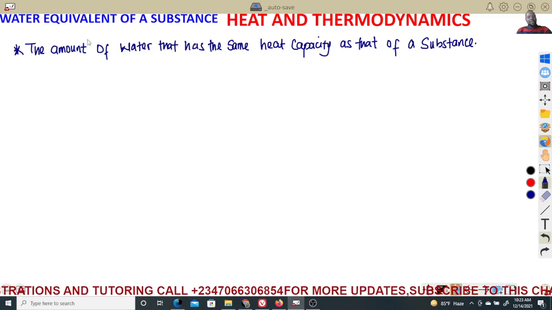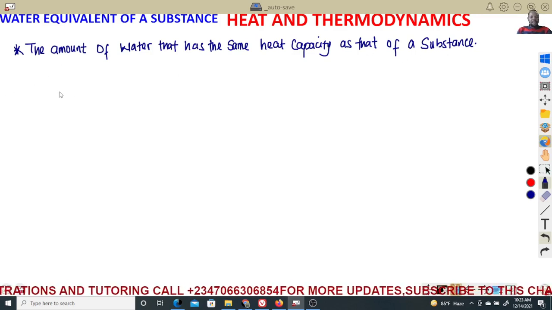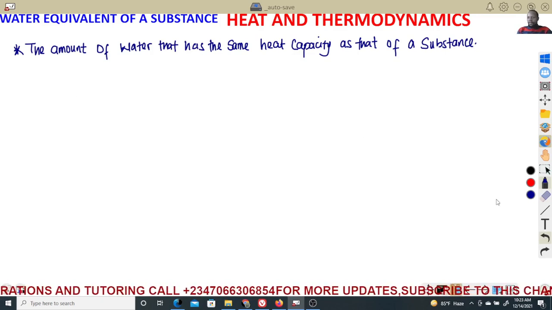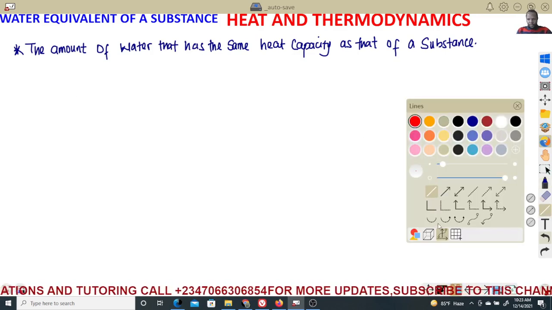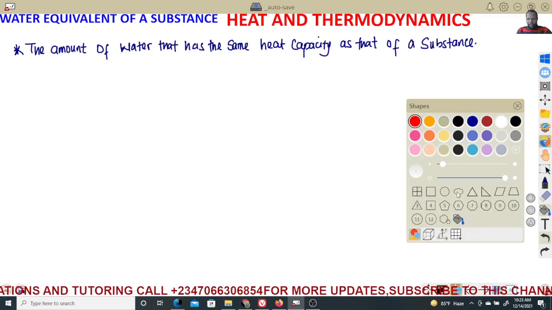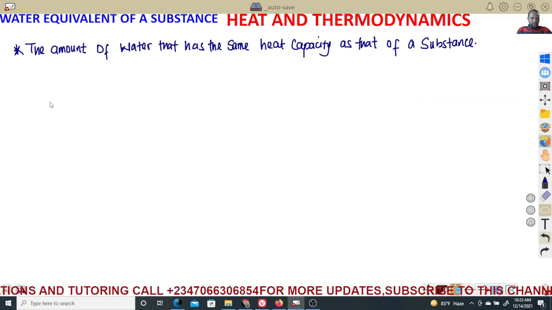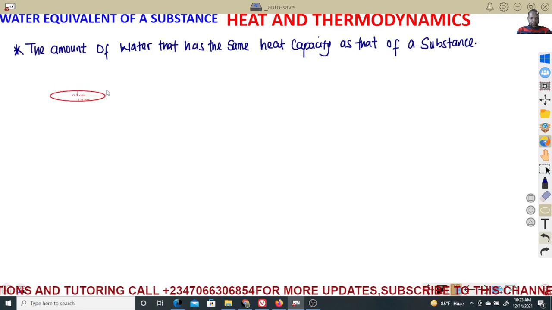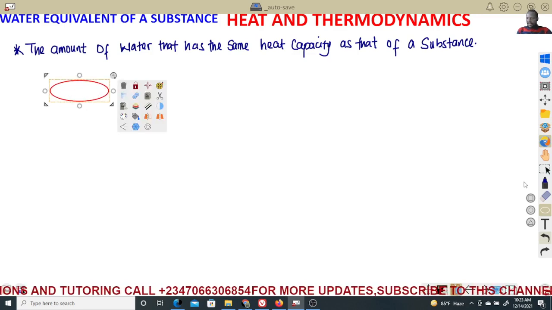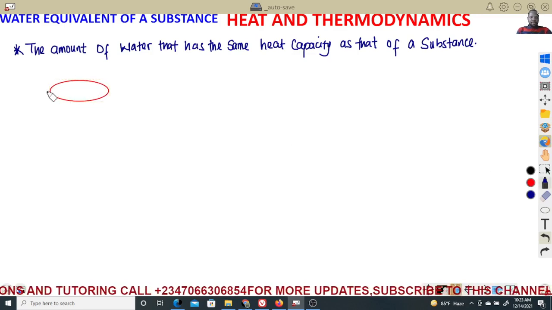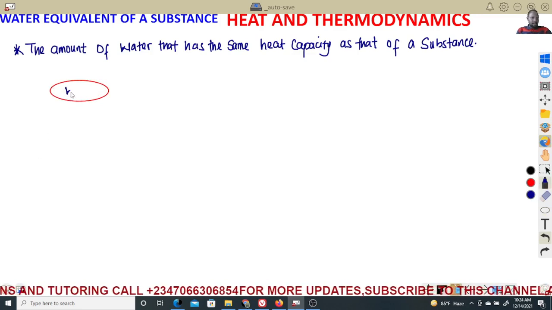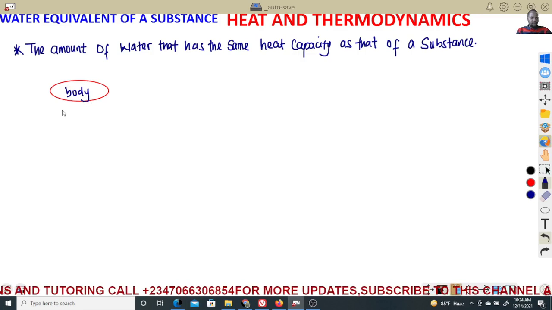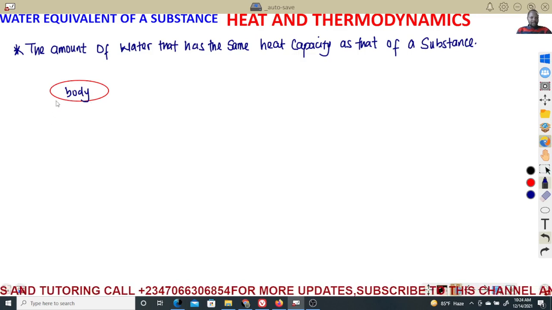So now, for example, let's take an instance. We have a body and we have to draw. Let's take an oval shape. Let's say we have a body, just like that. This body has a mass, and it's just a body.